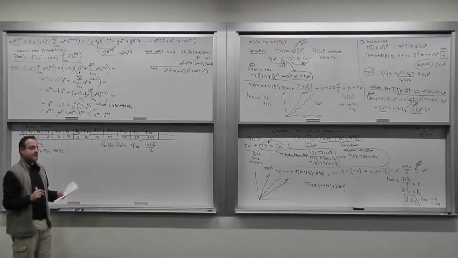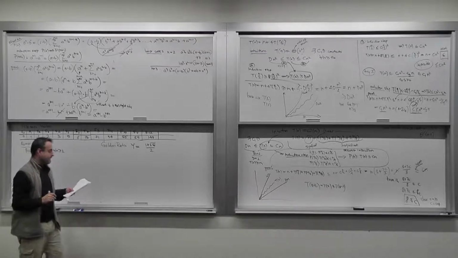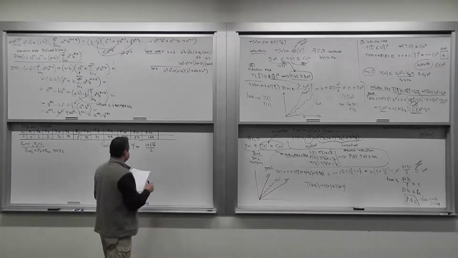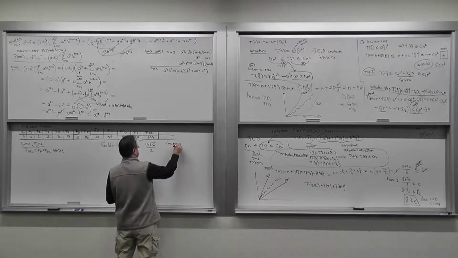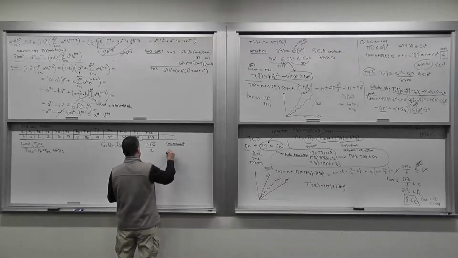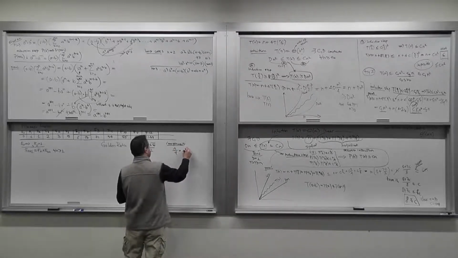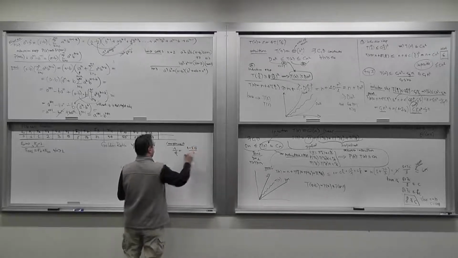We'll take a look at it in a moment. And the complement is minus 1 over phi, which happens to be (1 minus square root of 5) divided by 2.